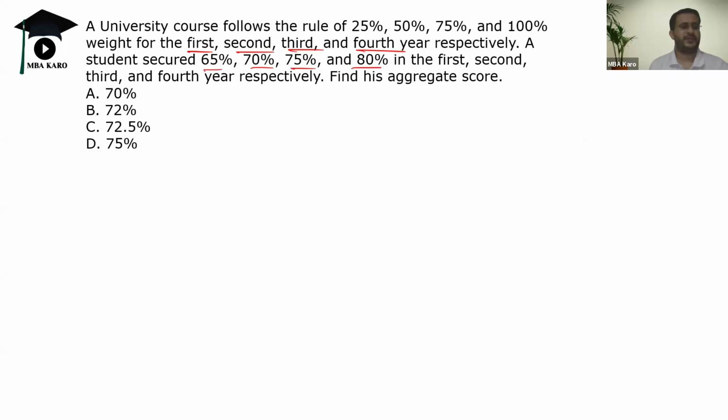So in this case, what we need to do is, first year we need to get 25% weight. Let us assume the maximum marks are 100. So in the first year, maximum marks into percentage will give you the marks.